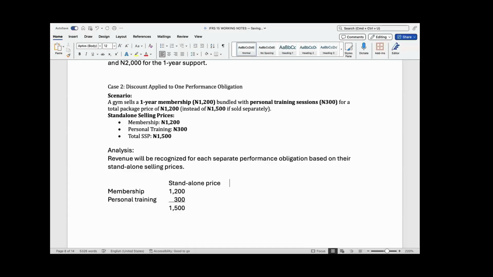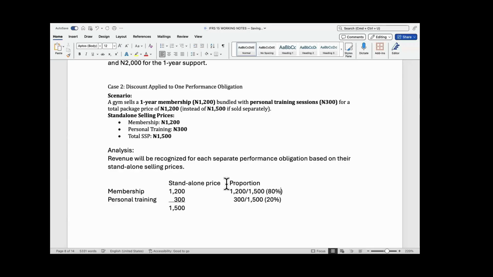So it is on this basis that you are going to share the 1,200. So you will do 1,200 divided by 1,500. What percentage is that? 80%. And if you do 300 divided by 1,500, that should be 20%.